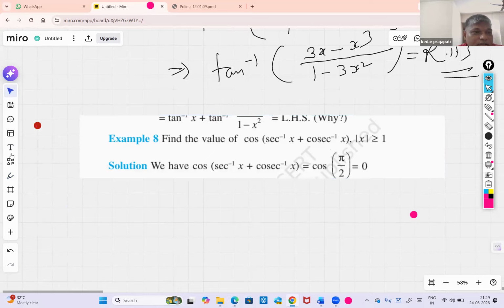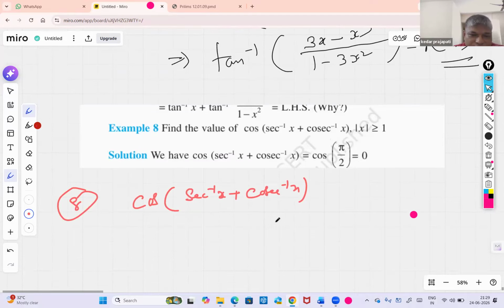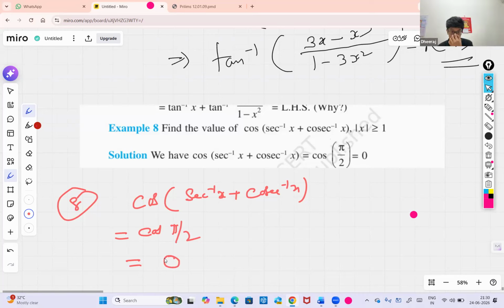Cos of sec inverse x plus cosec inverse x, secant and cosecant, and this we know is pi by 2. Sin inverse x plus cos inverse x is pi by 2. Tan and cot is pi by 2. Sec and cosec is pi by 2. So it's a very simple question, but we only need to remember these things. This is cos pi by 2, and cos 90 is 0. So its answer is 0. Correct?